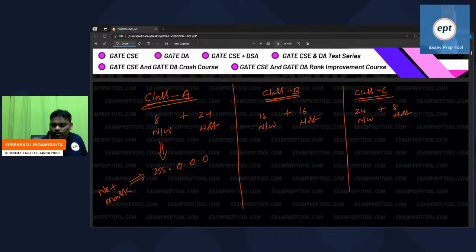Again, I am doing now, class B net mask. Very simple. Network area, keep all ones. Host area, keep all zeros. This is called class B net mask.